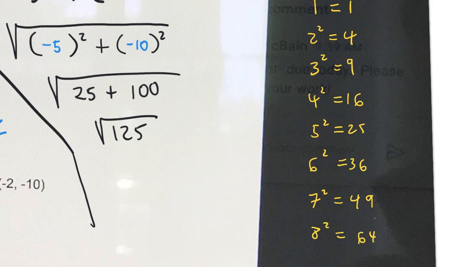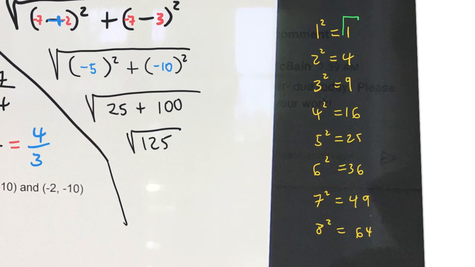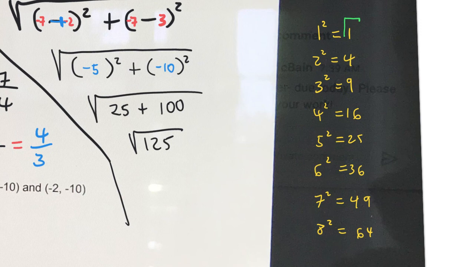I could keep going, but I think what's most important is that it's really these numbers. Let me make sure it's on the screen. Sorry about that. It's really these numbers here that I want to highlight, okay?